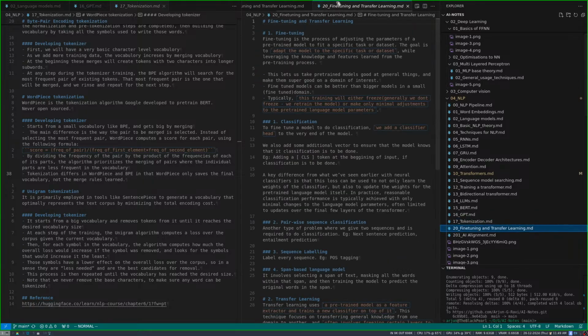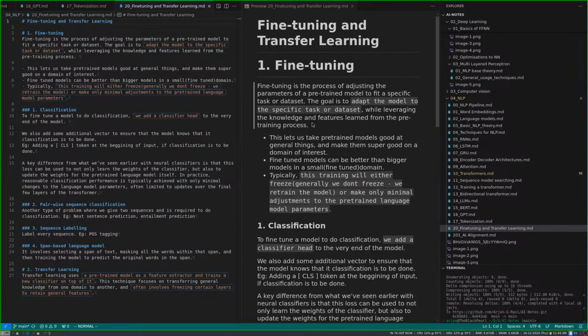Cool. Fine-tuning for another model-specific task. The pre-trained layers will later be frozen. Generally, we don't retrain the whole model, we make minimal adjustments.